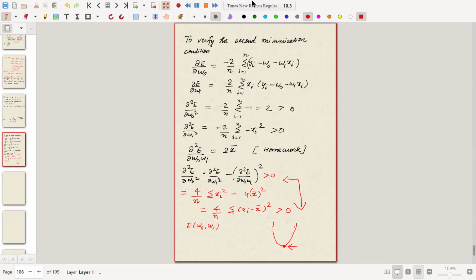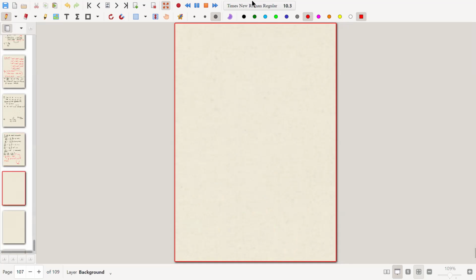But we forgot to check the actual minimization condition, the second order partial derivative. So we did it here, and it is actually coming out greater than zero. So our W0 and W1 are correct, and they actually give us the minimum error. Story so far okay? It's okay, right?